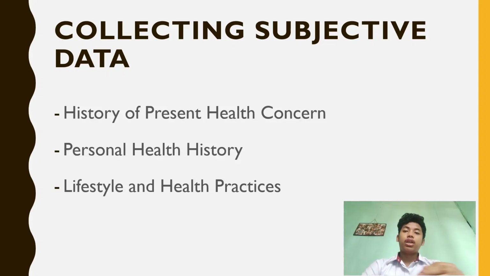Next is the vaginal discharge, pain, and masses. We can ask, are you experiencing vaginal discharge that is unusual in terms of color, amount, and or odor? Vaginal discharge may be from an infection. Next, do you have any lumps, swelling, or masses in your genital area?